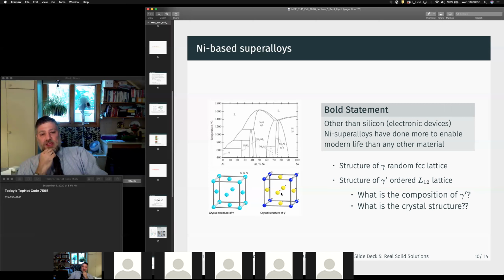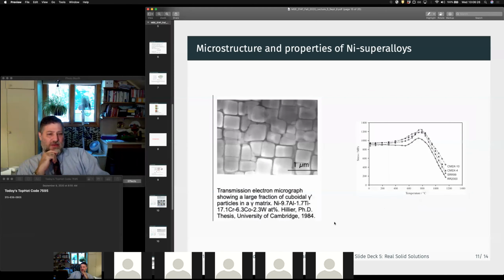The superlattice idea is really interesting because of what happens if a dislocation comes through. We're going to move an aluminum atom onto a nickel site and a nickel atom onto an aluminum site. So deformation of this also incurs an energy penalty, because now we have misplaced atoms.